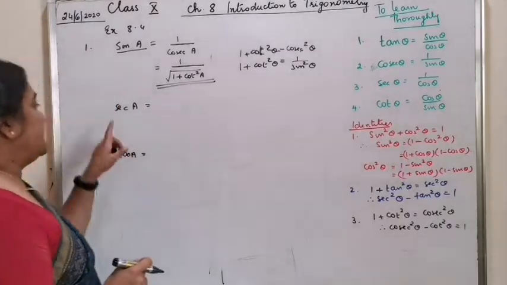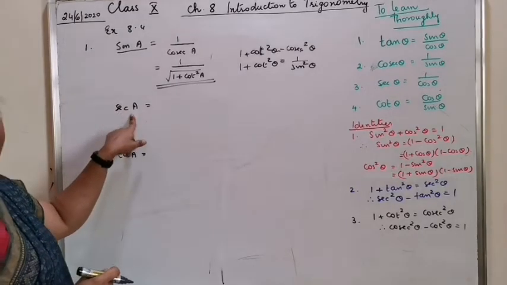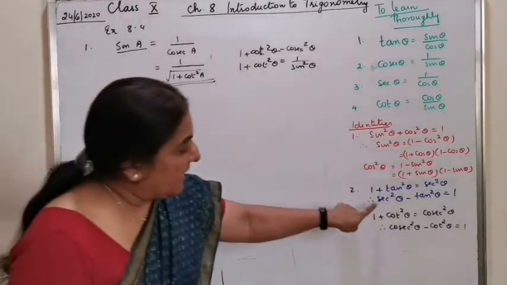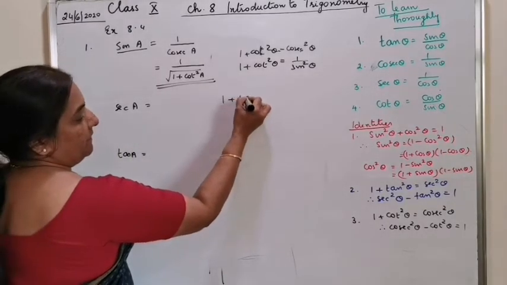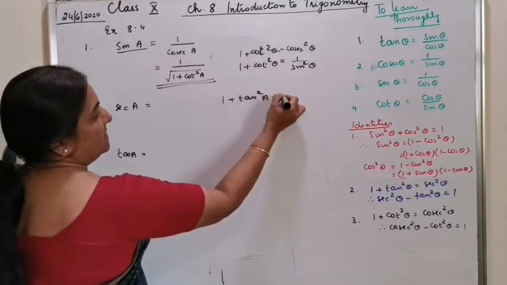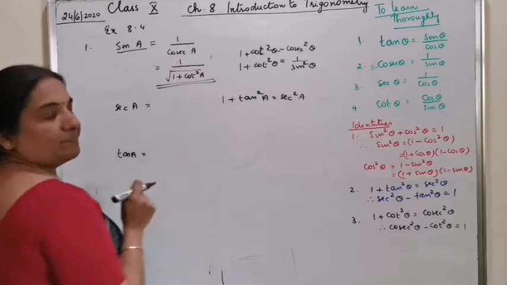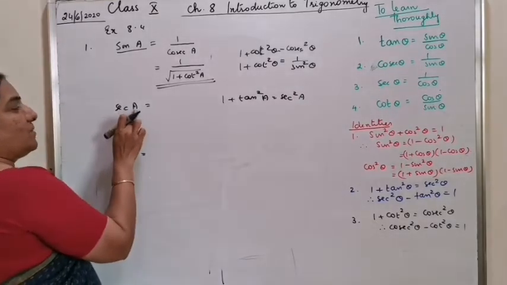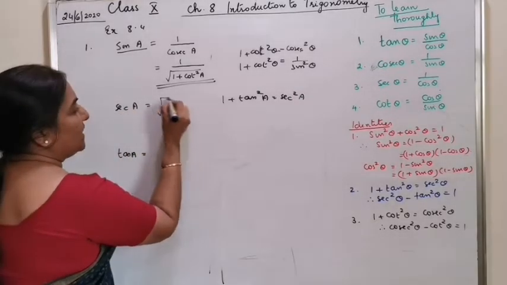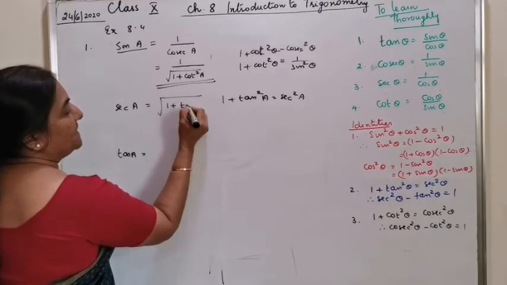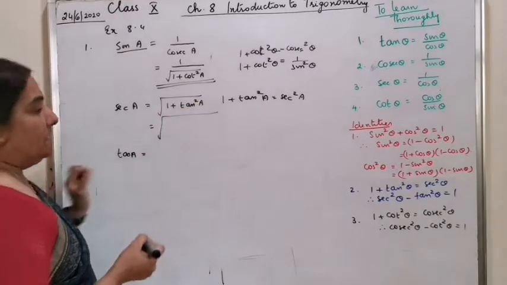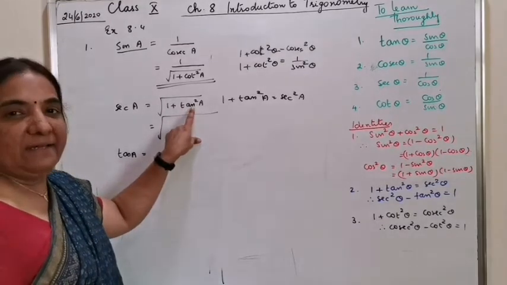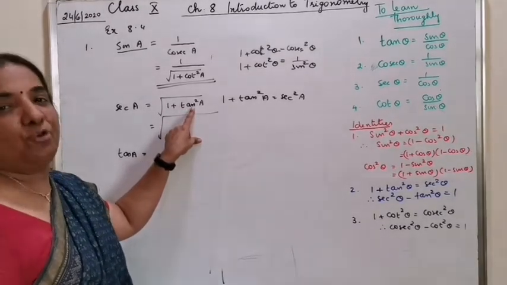The next one is sec A. Again, the identity is 1 plus tan square A is equal to sec square A. That means sec A can be written as square root of 1 plus tan square A, and the ratio of tan is the reciprocal of cot.